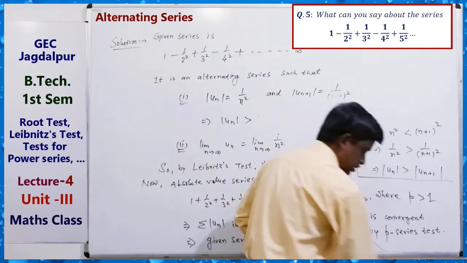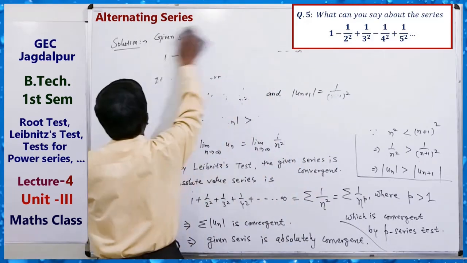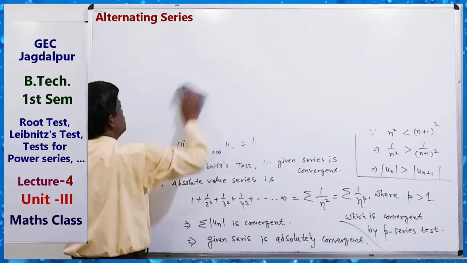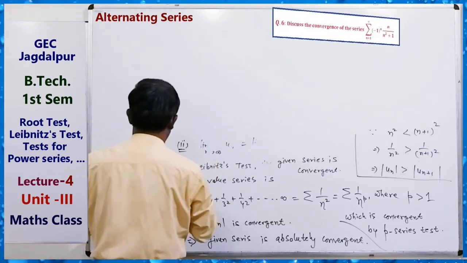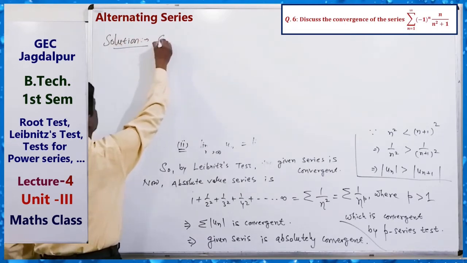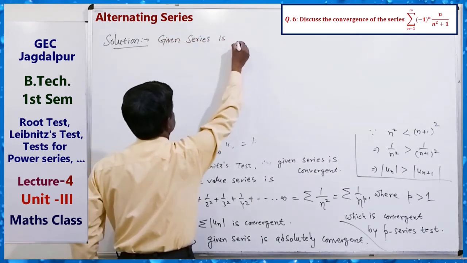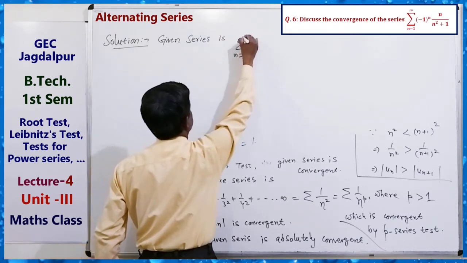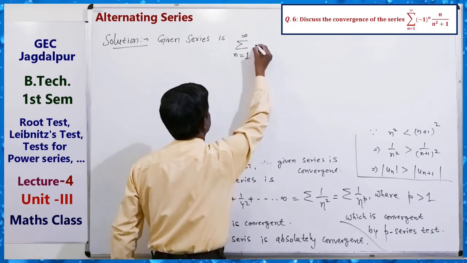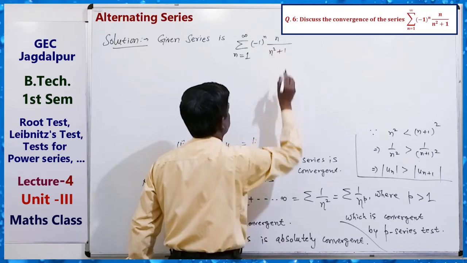Take the next question. Discuss the convergence of the series: sum from n equals 1 to infinity of minus 1 to the power n, n upon n square plus 1.